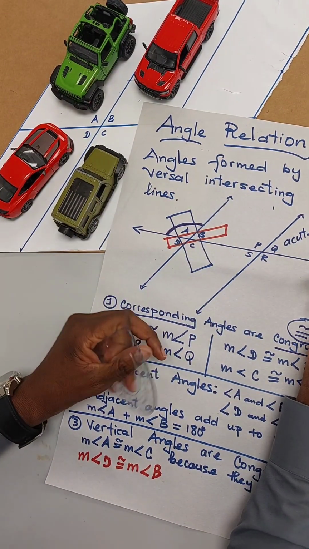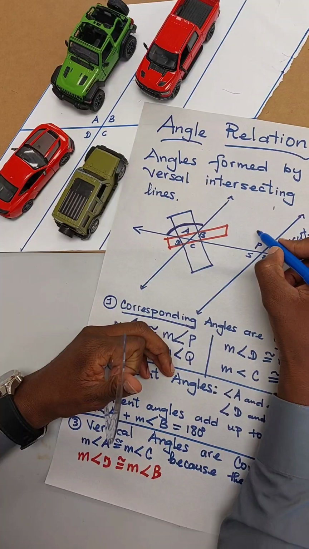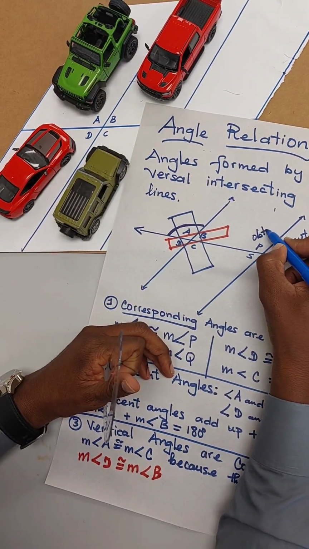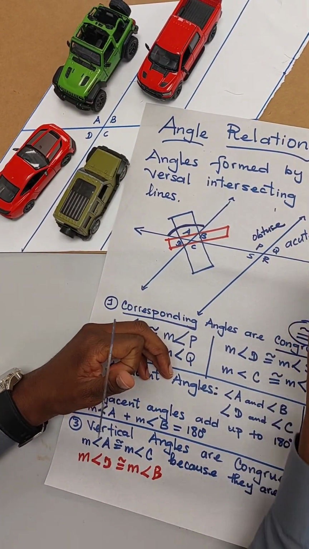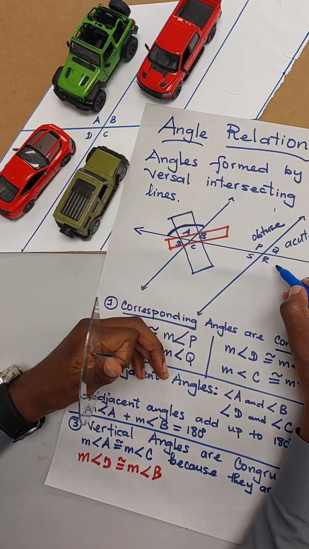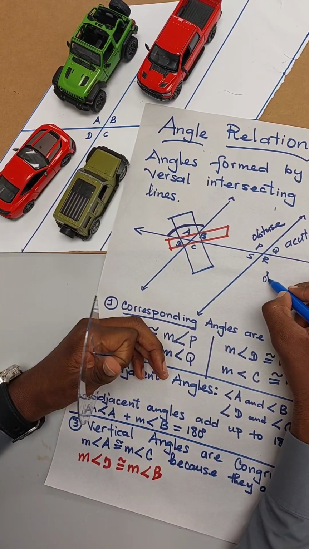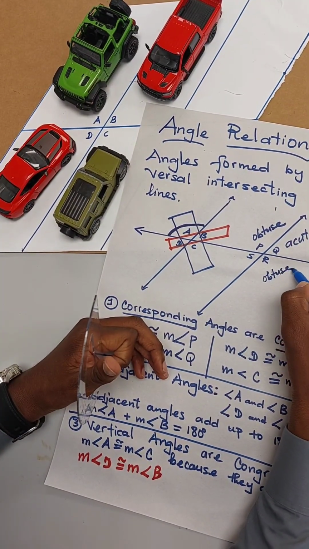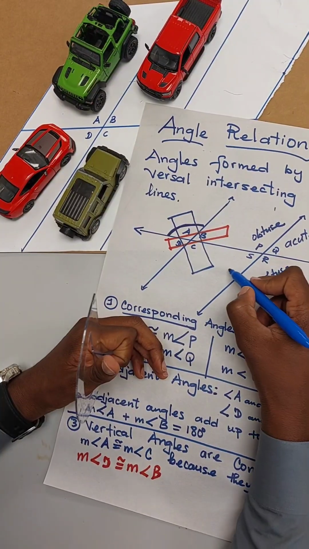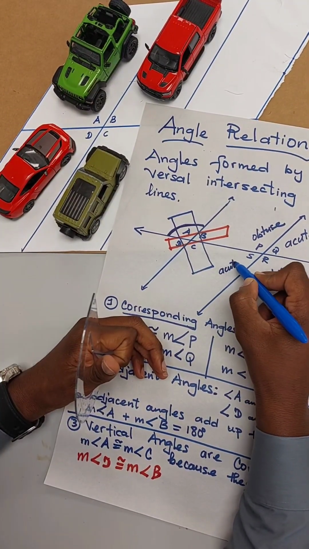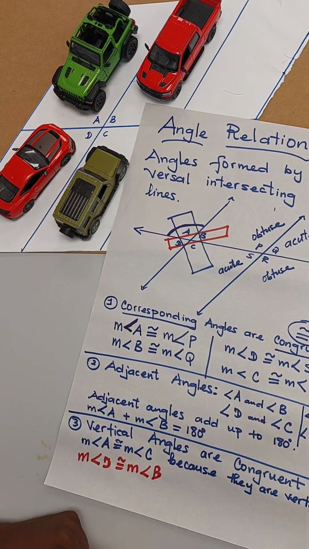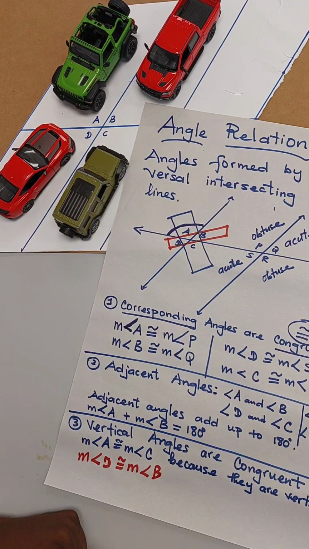So it is bigger than 90, so it is obtuse. This angle right here is obtuse. By looking, we can tell that this angle here as well is obtuse, and we also know that they are vertical. This is acute, and we can always identify acute and obtuse angles in the same way. Thank you.